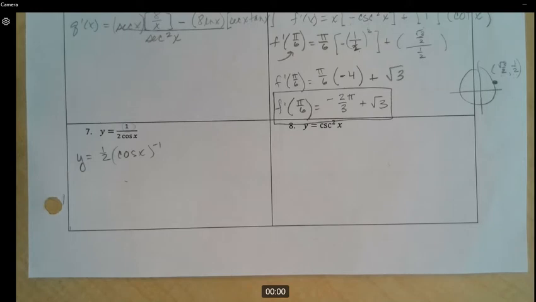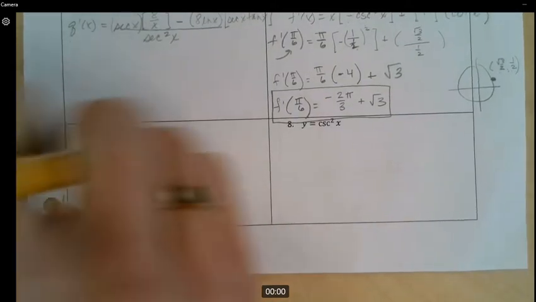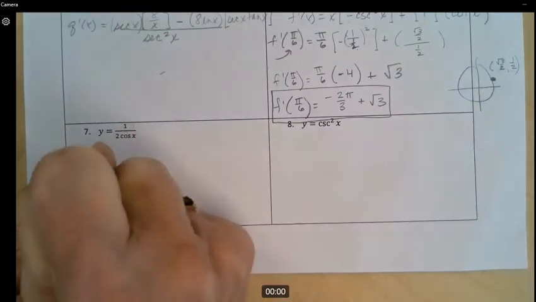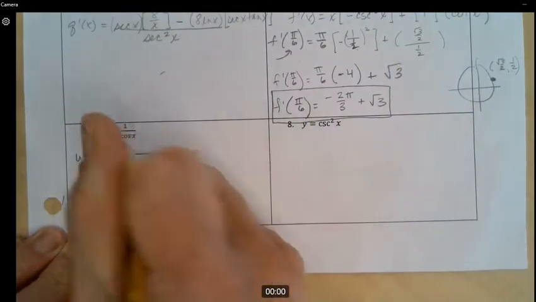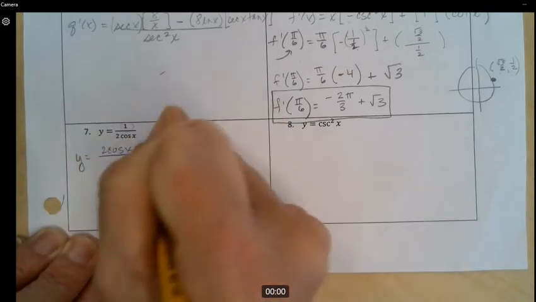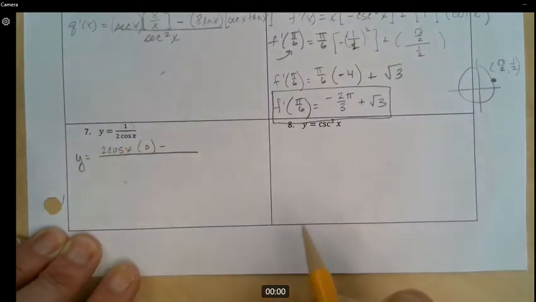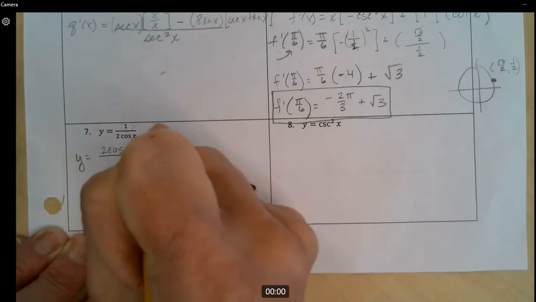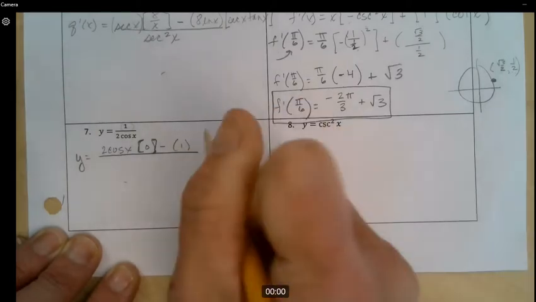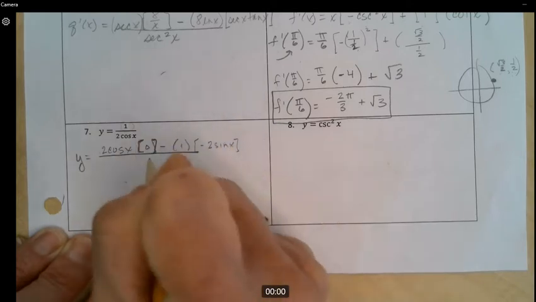So cosine of x is equal to, you know what, we need to do the quotient. I lied. We don't know how to do this yet. Ready? We have the low d high, derivative of 1 is 0, minus high d low. So we end up with negative 2 sine of x. Square the bottom.